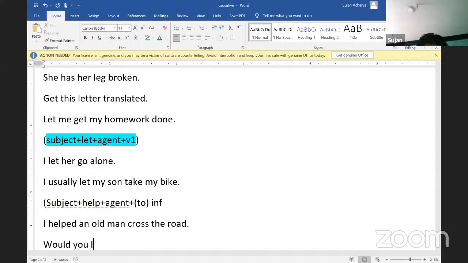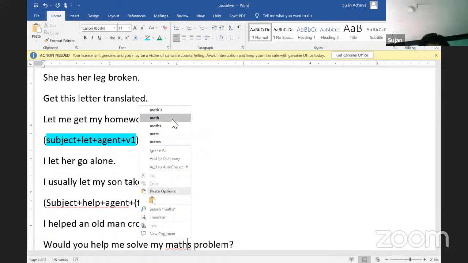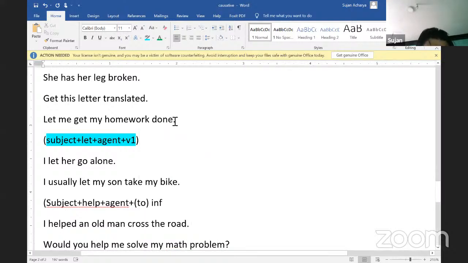Would you help me solve my maths problem? Would you help me to solve, or would you help me solve my math problem? Both are correct. It depends on what kinds of options you are given.